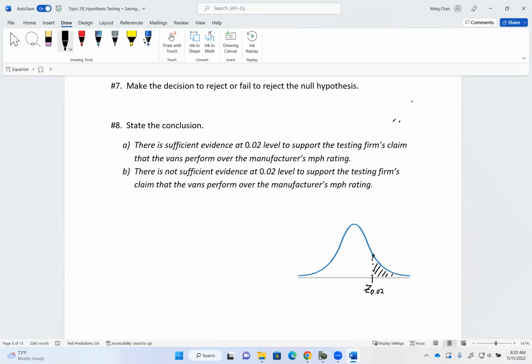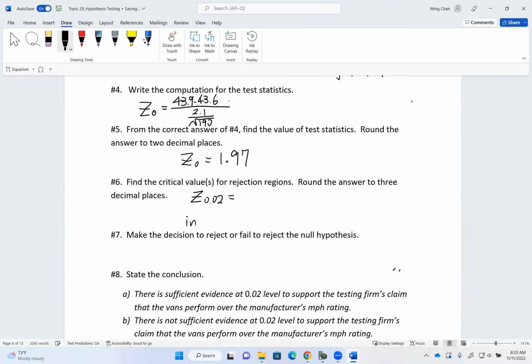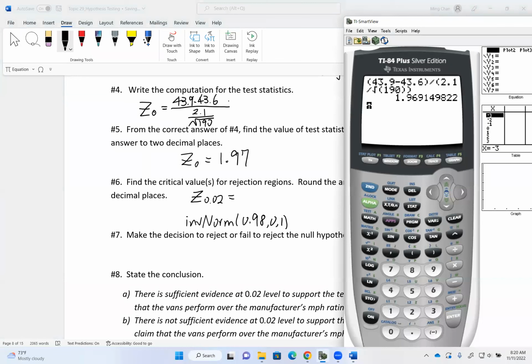In the calculator, for the inverse norm, we need to type in the area to the left. So that will be inverse norm, area to the left is 0.98, comma 0, comma 1. It'll be about 2.05.